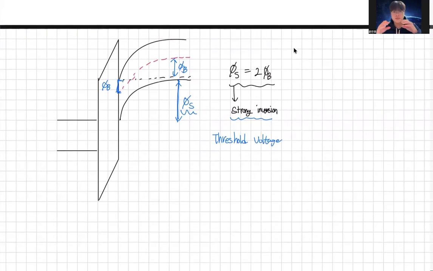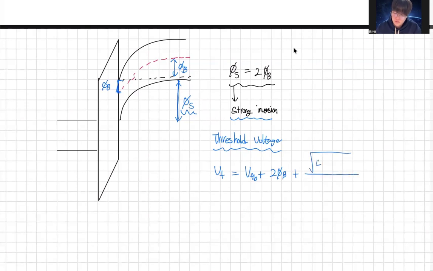We can calculate the threshold voltage as the flat band voltage plus 2 phi b plus root of 4 epsilon silicon, q, and the doping concentration, times phi b, over C ox.